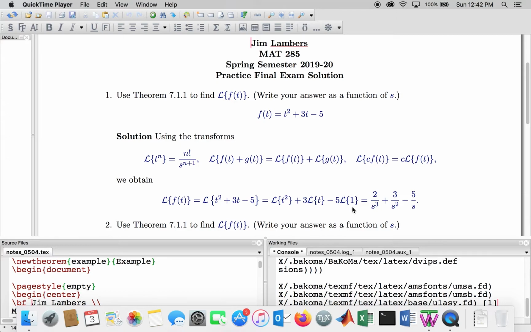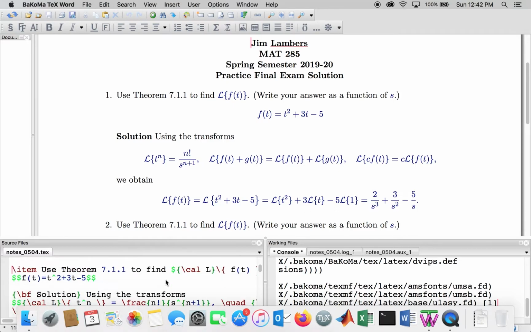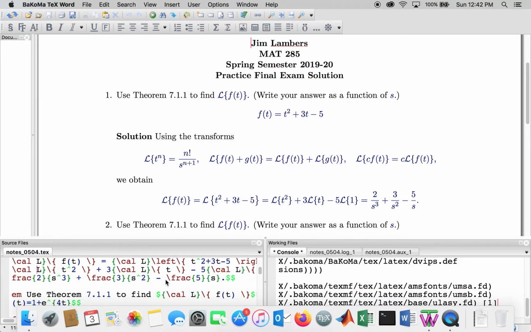Now, every term here is a power of t, so we use the rule that the Laplace transform of t to the n is n factorial over s raised to the power 1 greater than the power you're transforming. From t squared, you get 2 factorial, which is 2 over s cubed. I'm going to write this out in a little more detail here.